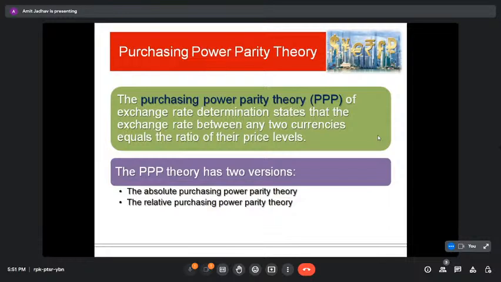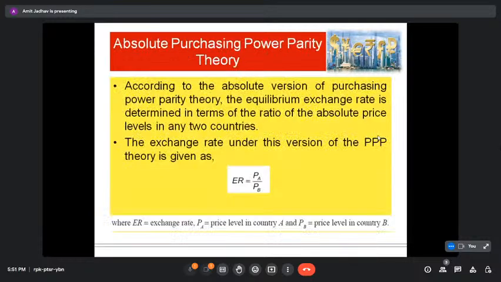So basically, the PPP theory has two versions. First, the absolute purchasing power parity theory, and next, the relative purchasing power parity theory. Now we have to think about the absolute version.